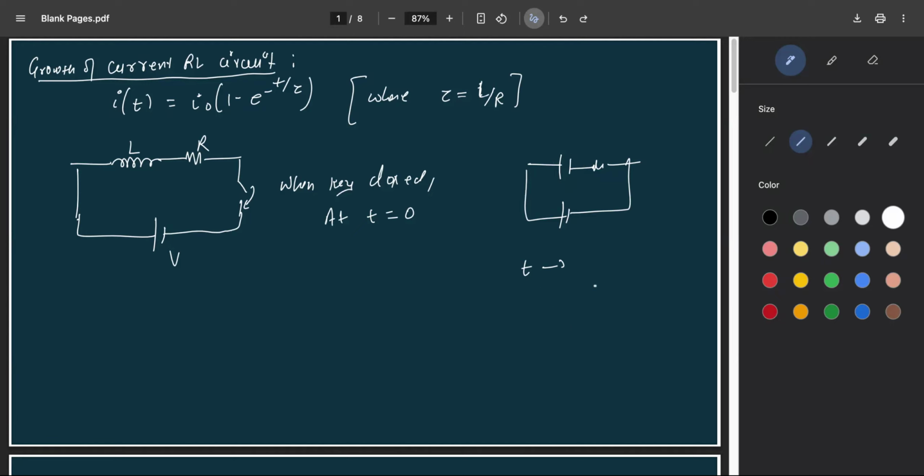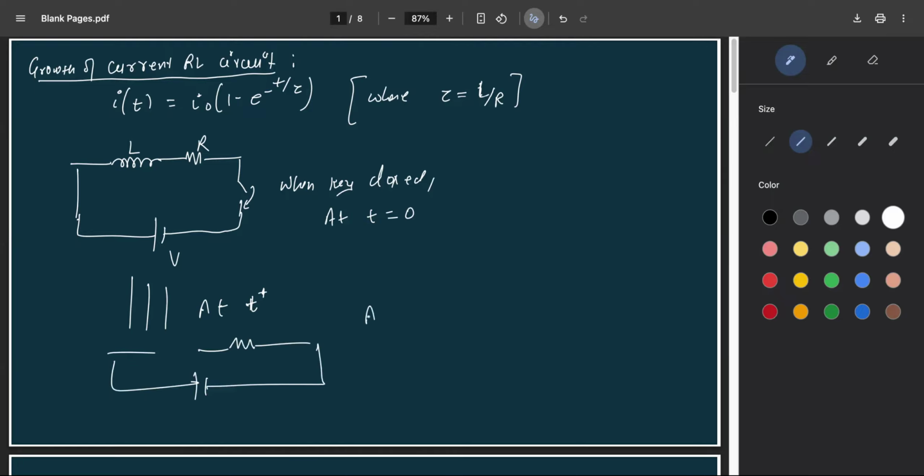But this condition happens in the case of an inductor at the very early stage. If you put the time t equal to 0, current is 0. At t just positive, it is not 0.